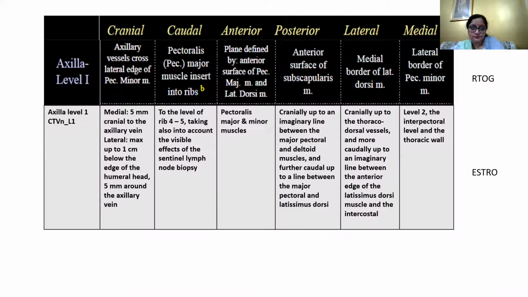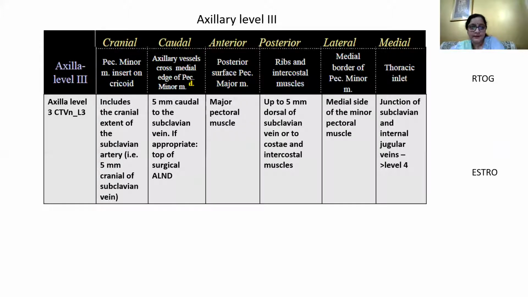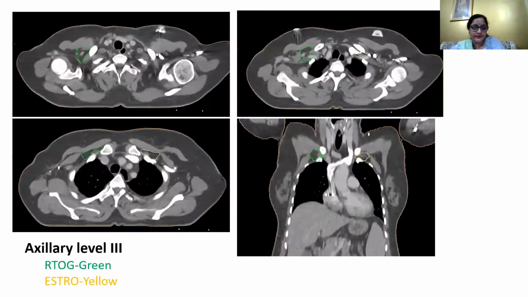So level 3 as per RTOG follows the axillary vessels where they cross the medial edge of pec minor, while the ESTRO takes into account the subclavian artery, 5 mm cranial to the subclavian vein. So this is the diagram.